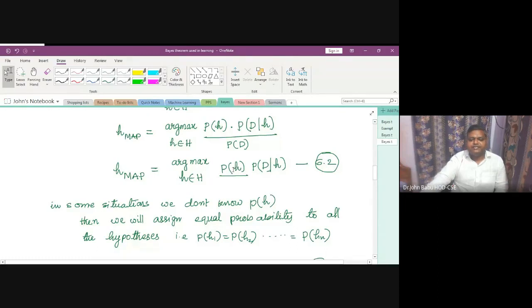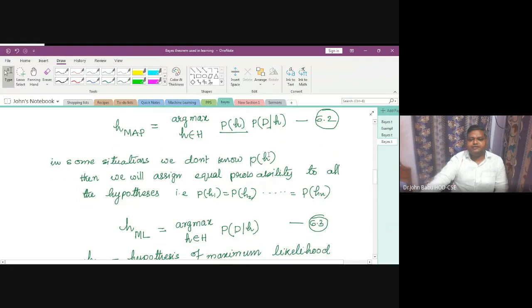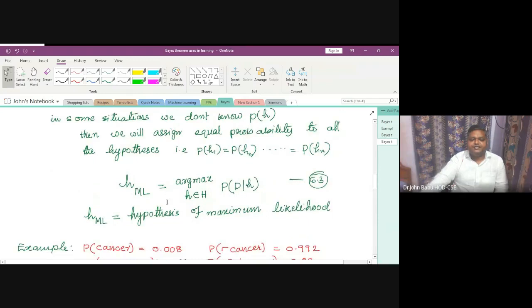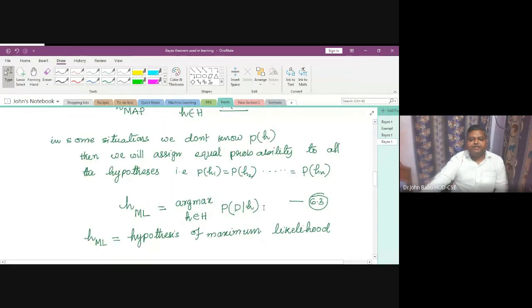We will calculate this for all the hypotheses, and we will see for which hypothesis it is maximum. So sometimes when we don't know P(H), as I already told you, we will assign equal probability to all the hypotheses, then we can remove even this term, and then there is only the probability of D given H. That means this is the maximum likelihood hypothesis.